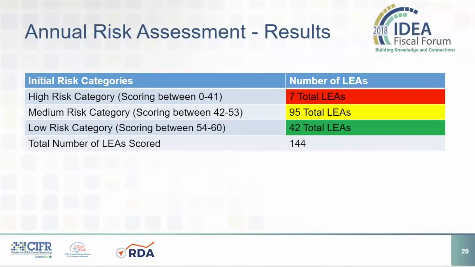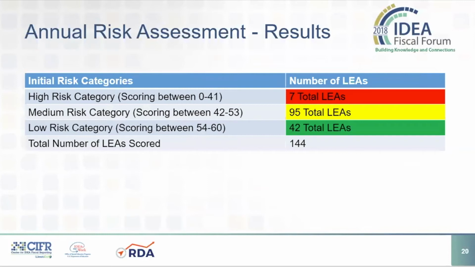And then this is a table showing the result of the risk assessment that was done last year in October 2017. And as you can see, we had 7 LEAs that were high risk. We had 95 medium risk and 42 low risk.